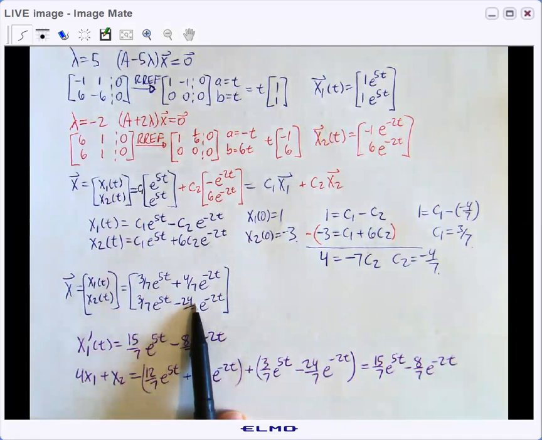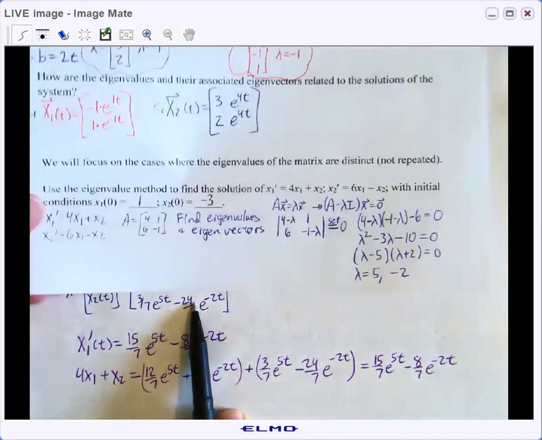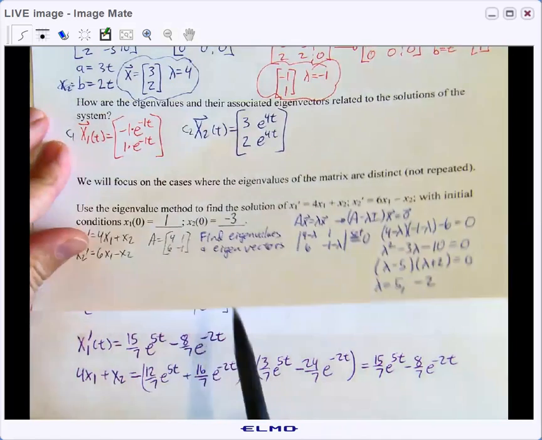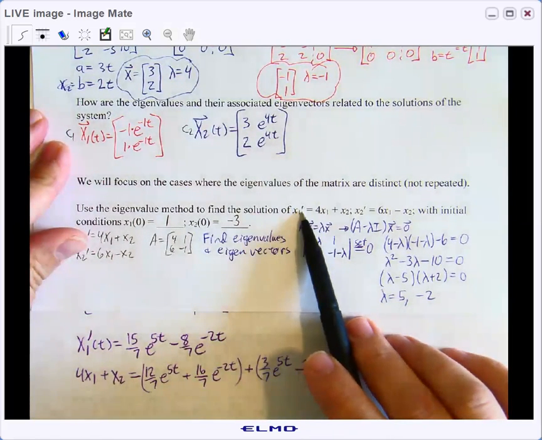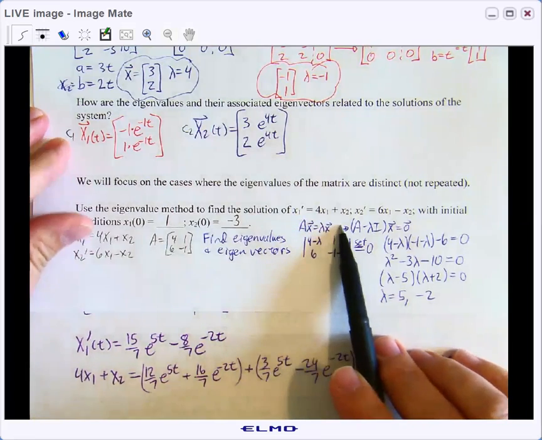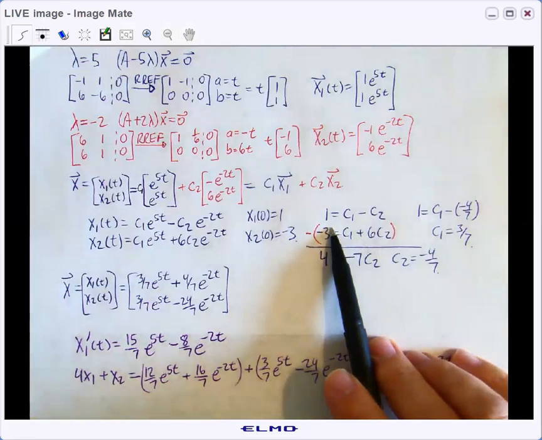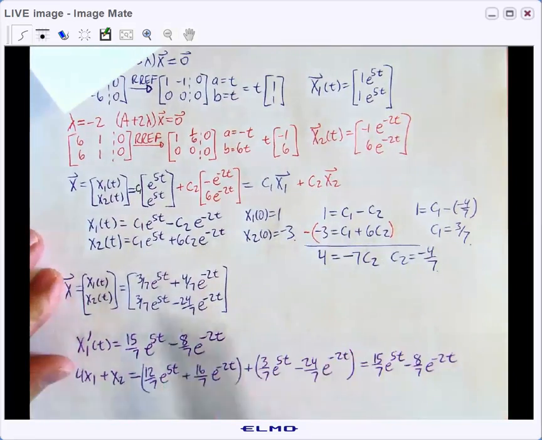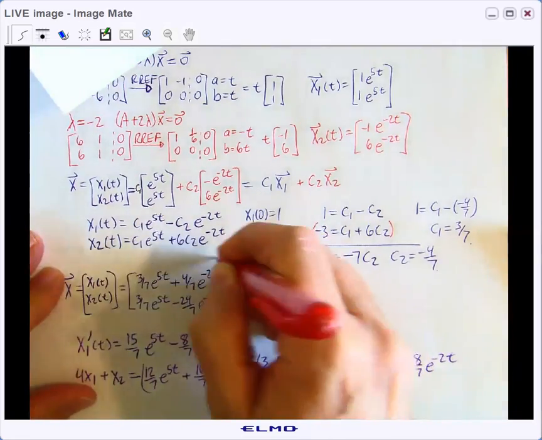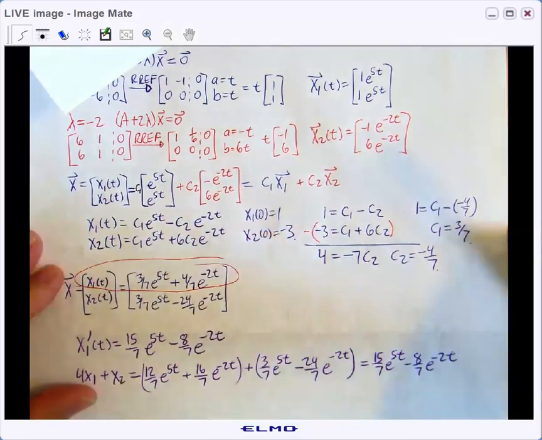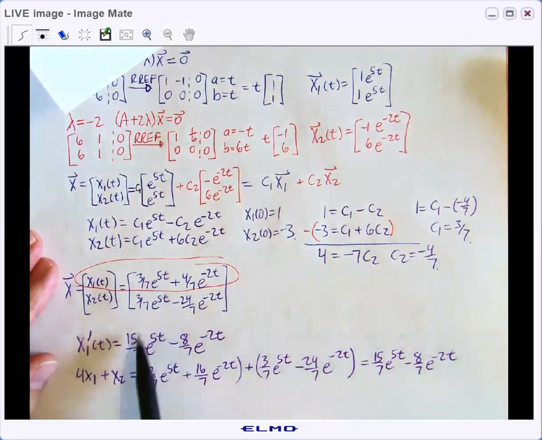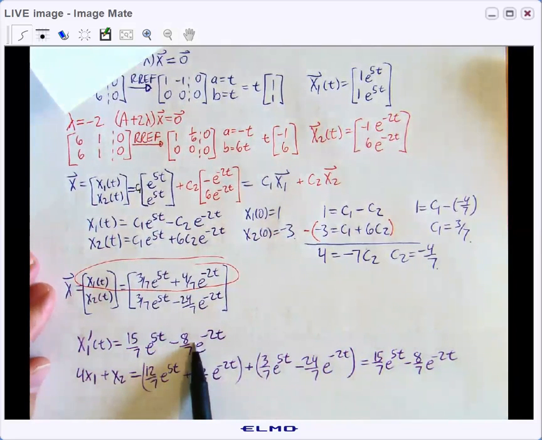And just by way of check, to make sure I didn't make any silly mistakes, I looked back here and asked, what's x1 prime? Well, it's 4x1 plus x2. So if I take x1, which would be this first line here, and take its derivative, I get this.